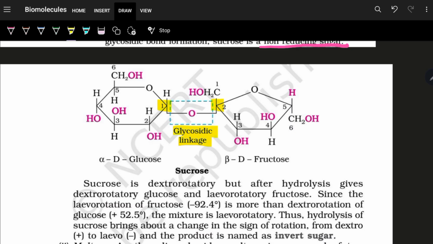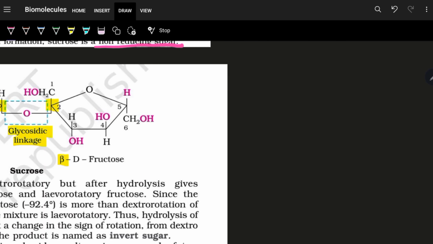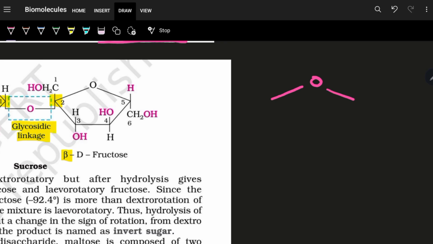So here, if you see the structure, you may think it's a beta-D-fructose, and so the anomeric carbon should have OH at the top, that means above the plane. But the structure shows OH below the plane. If you see the structure of beta-D-fructose that you had seen previously, the Haworth structure, the oxygen is between C2 and C5.